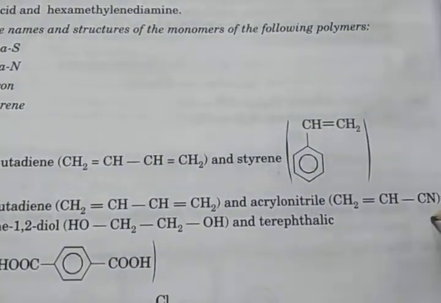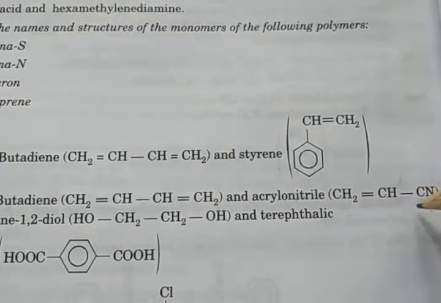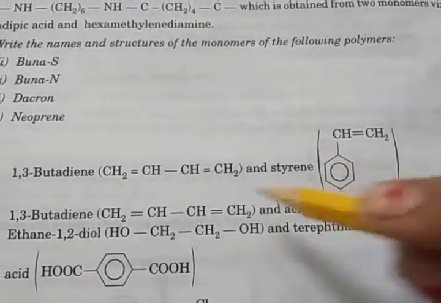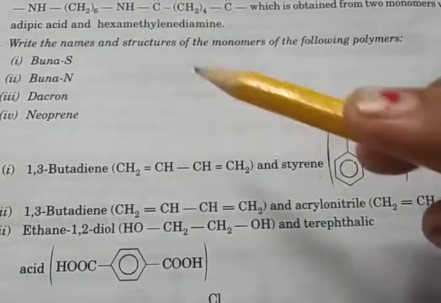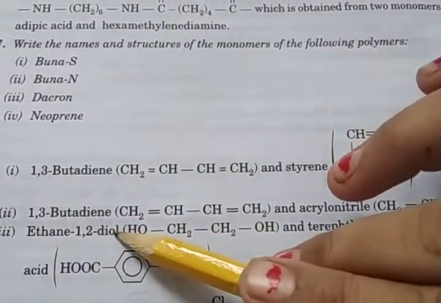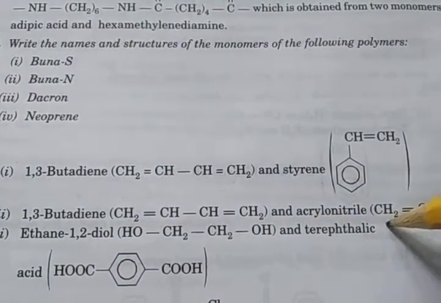Acrylonitrile means a cyanide group CN attached with ethene, CH2 double bond CH CN. Okay, it is acrylonitrile. So 2 monomer units combine, and then Buna N is formed. Buna is named on the basis of 1,3-butadiene and capital N on the basis of acrylonitrile.